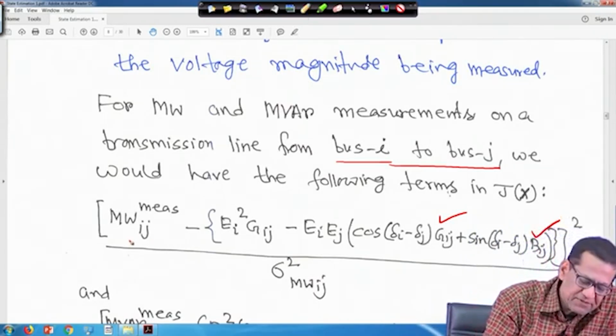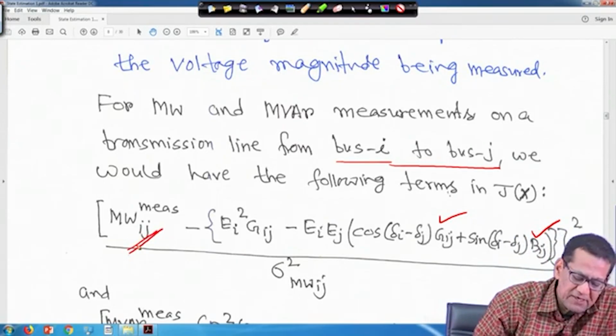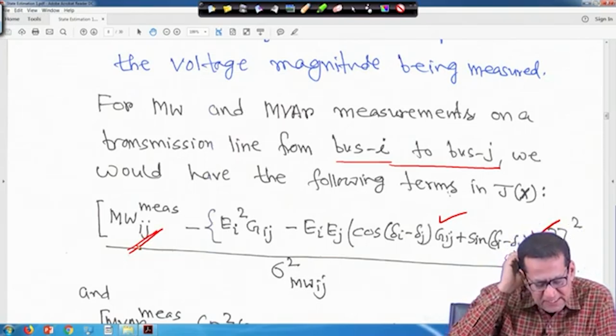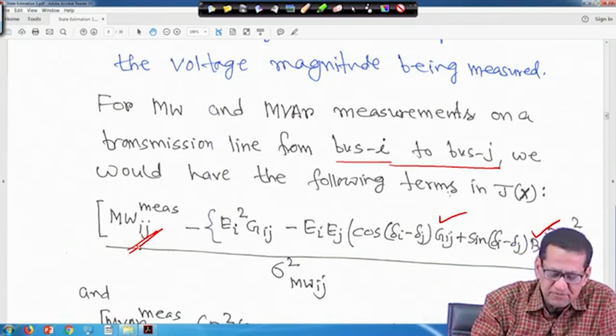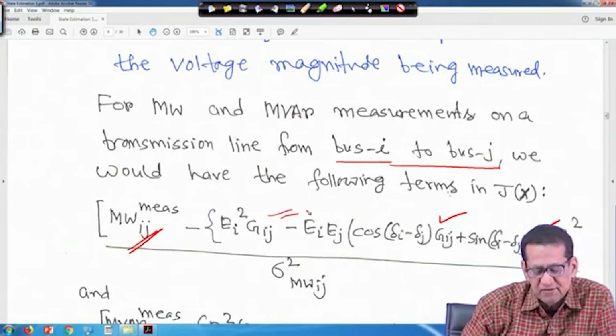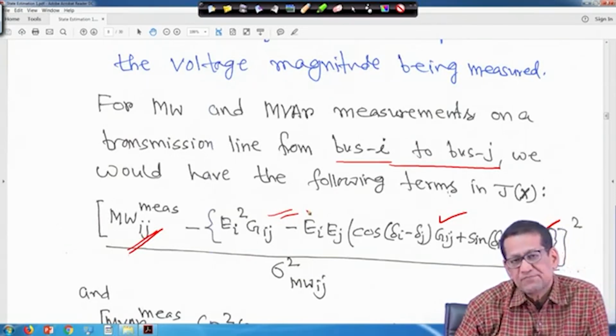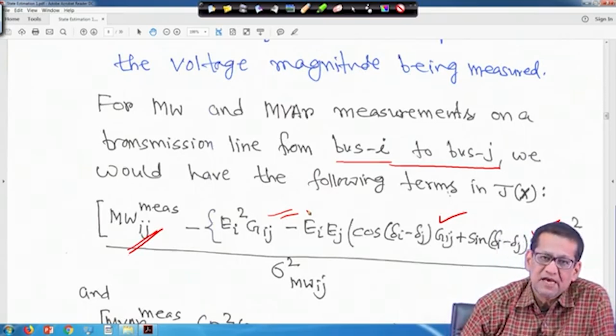This is the power flowing from i to j that you can measure, and you also have to find the mathematical expression for P_ij, the power flowing from bus i to j.